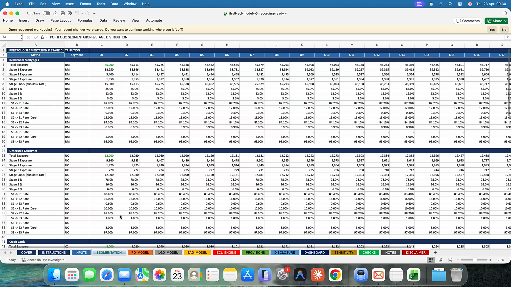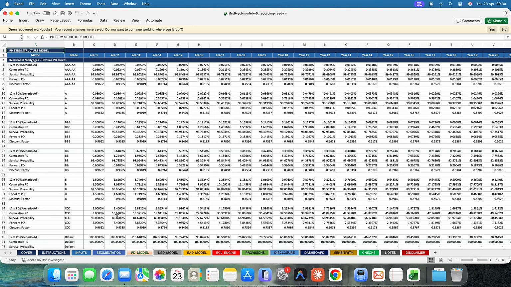Portfolio segmentation first. Every exposure classified by product, stage, and macro sensitivity. Stage 1, 2, and 3 balances split out per segment, updating with your staging rules. Then the PD model. Term structure PD for every segment, 12-month and lifetime horizons, calibrated through a transition matrix.